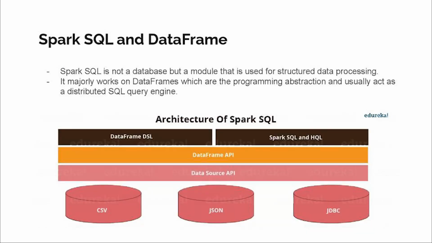Coming to Spark SQL and data frame, Spark SQL blurs the line between an RDD and a relational table. It offers much tighter integration between relational and procedural processing. It does that through declarative data frame APIs, which integrate with Spark code. It also provides higher optimization. Data frame API and datasets API are the ways to interact with Spark SQL.